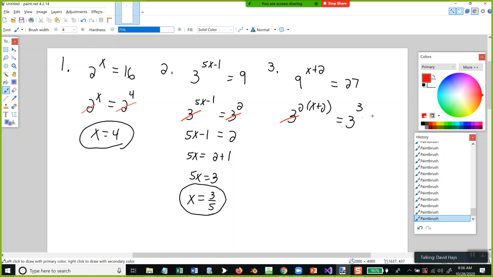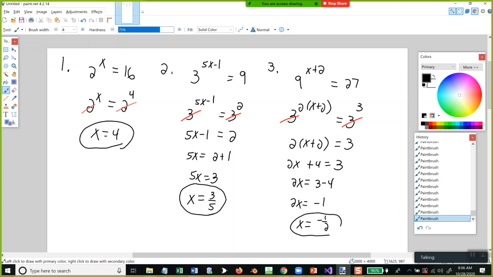Now since they're both 3 to a power, the 3 is going to cancel, and I set the exponents equal to each other. Distributive property, 2 times x is 2x, 2 times 2 is 4. Take the 4 over to the right side, becomes a negative 4, which gives us negative 1. And then divide both sides by 2, and we get negative 1/2.